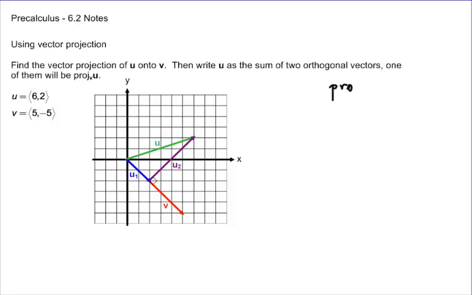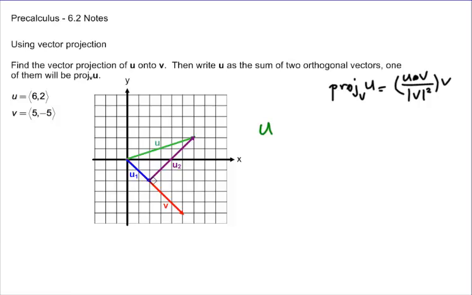The projection of u onto v is equal to the dot product u dot v over the magnitude of v squared, times v.